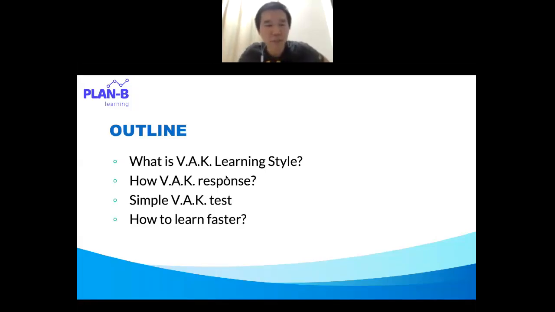Then we will have a VAK test, very simple one, and then next I will share with you how to learn faster using this VAK technique. I hope by the end of this session, you will learn something, right? But I will try to make it as interactive as possible. So from time to time, I will ask you some questions, and I hope all of you can participate.